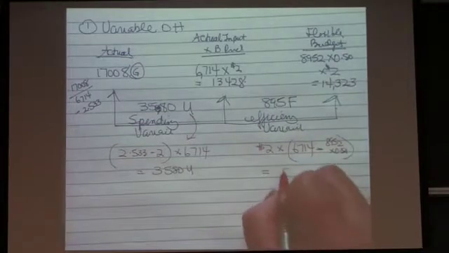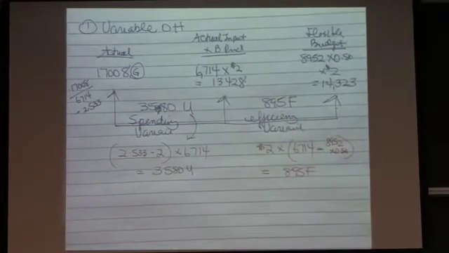That gives me 895 favorable. So there are multiple ways to get to the same number, but we're going to use the column approach.